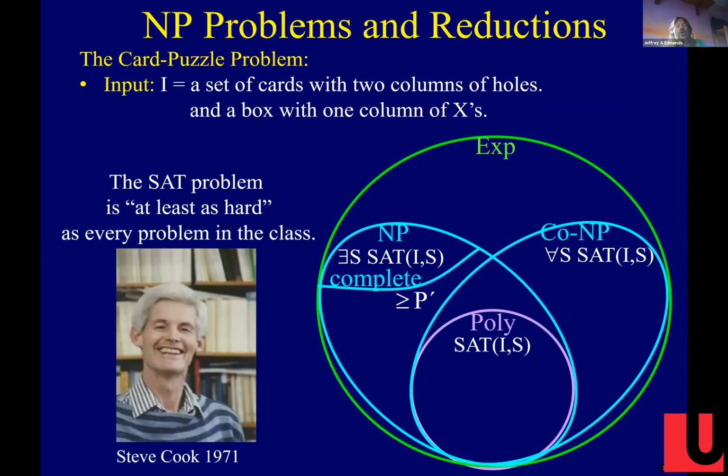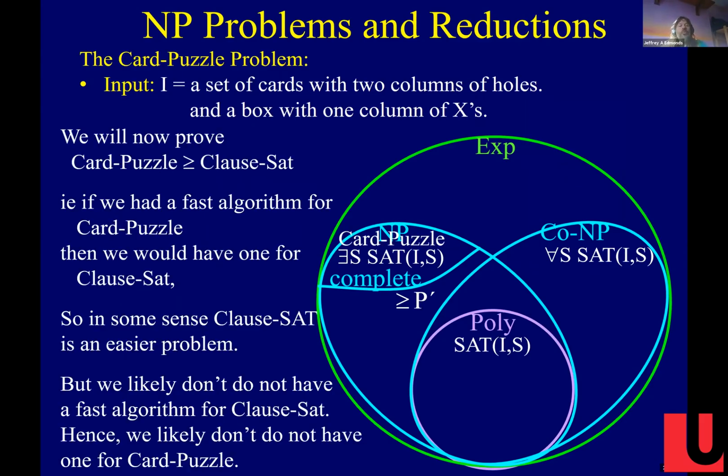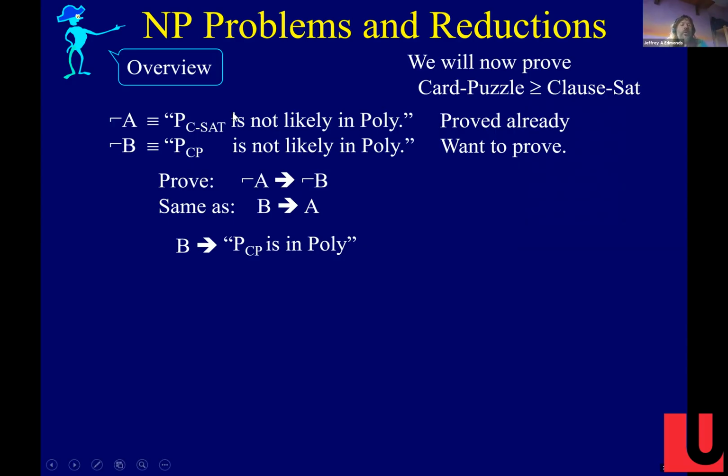So what is our goal? We're going to assume that we already know, Cook already proved that the clause sat problem is likely not in polytime, right? So we want to prove that the card problem is not likely in polytime. And how do we do it? Well, by sort of proof by contradiction, we assume that the card problem is in polytime.